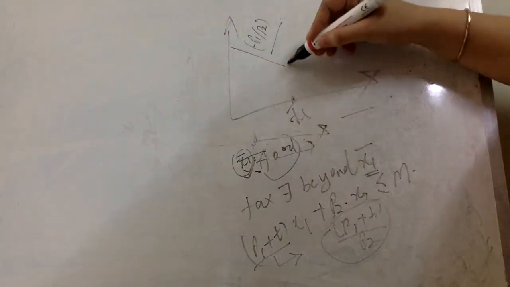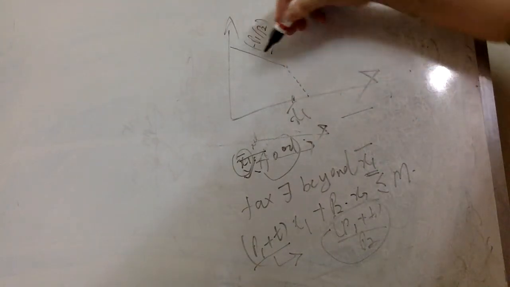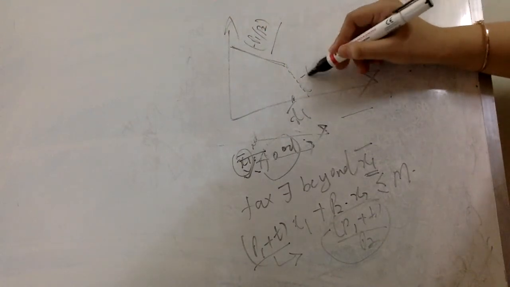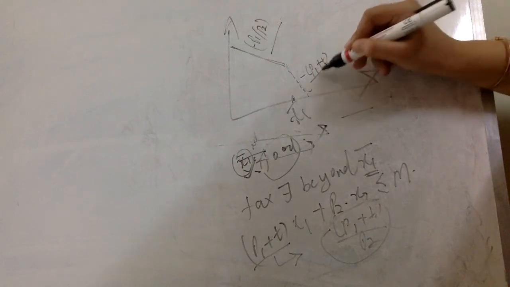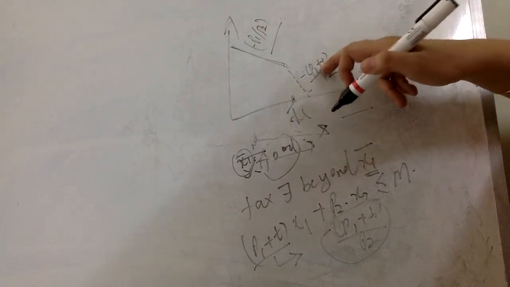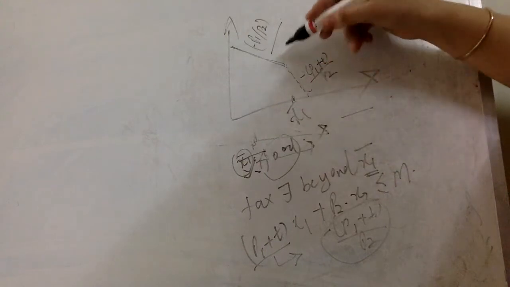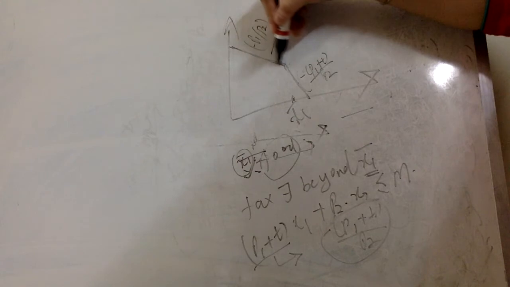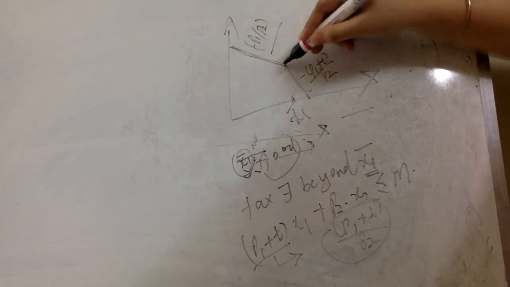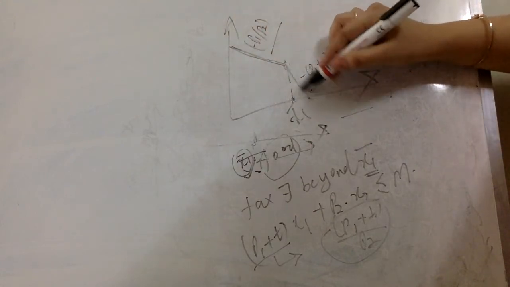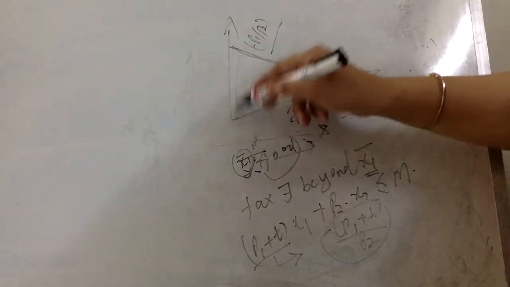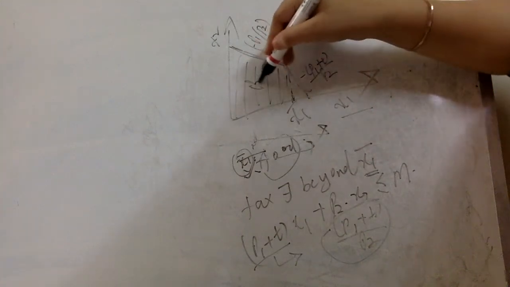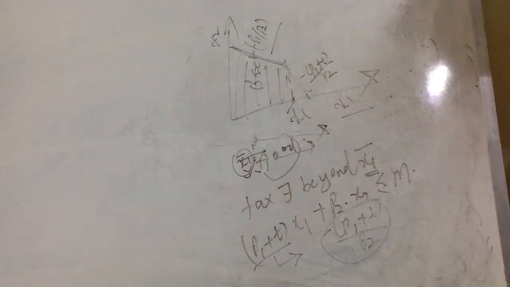So beyond x1 bar we have a steeper line, and until x1 bar it is a flatter line. The entire area under this represents my budget set. Is it clear?